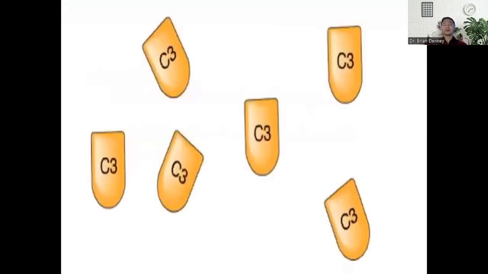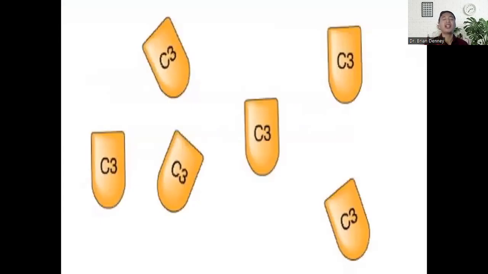Here, what happens in the circulation if you have an antigen that was recognized initially by your immune system or through immune surveillance? This causes your C3 molecules to be hydrolyzed.